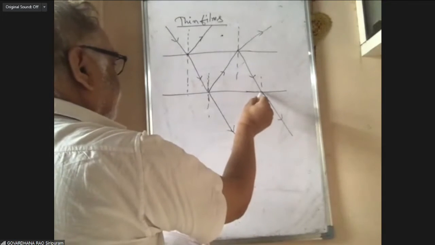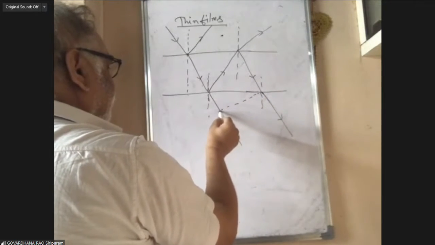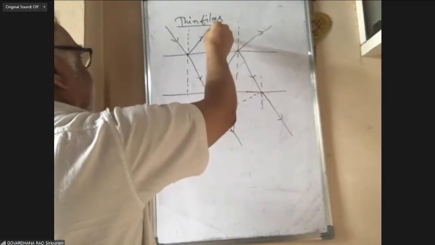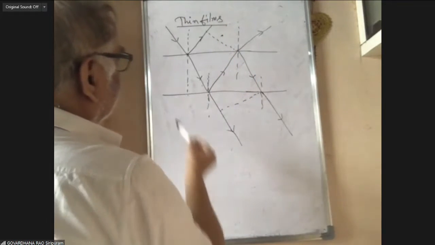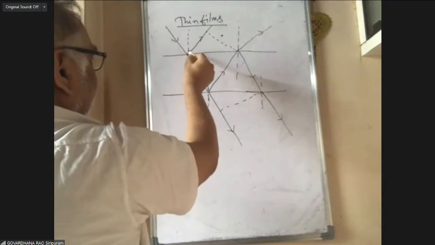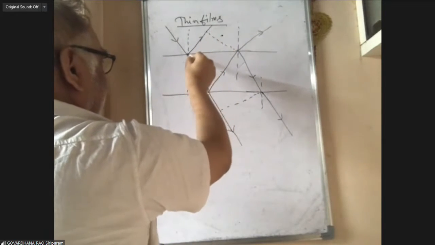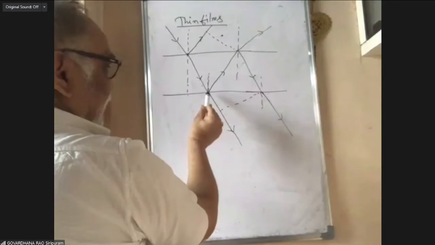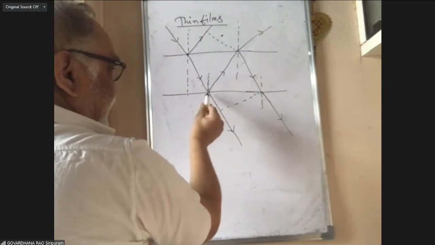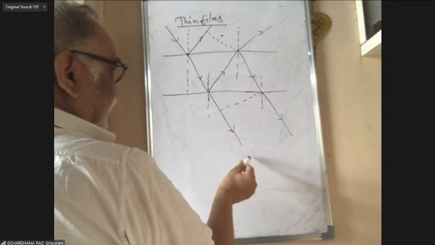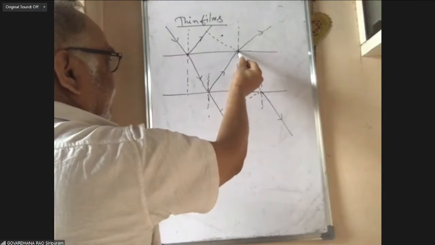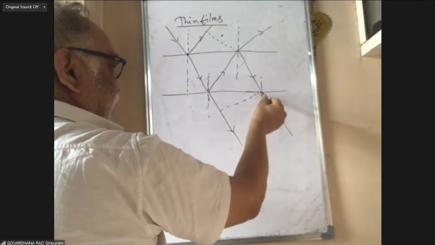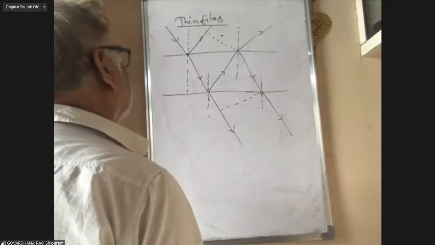So like this. Here this is the incident ray, this is the reflected ray, this is the refracted ray, and the ray again undergoes reflection and transmission. Here again it transmits, again reflects, and again it will transmit like this.